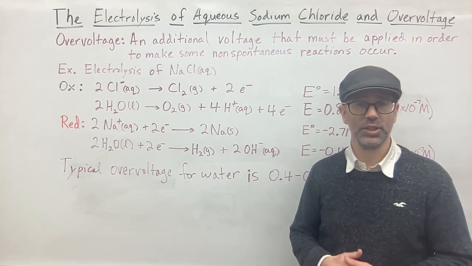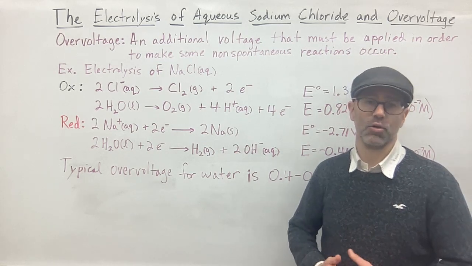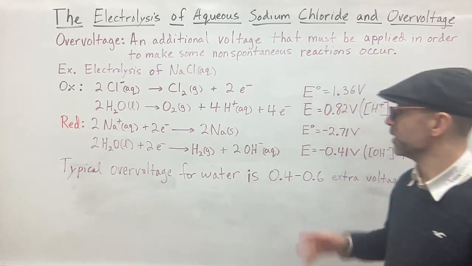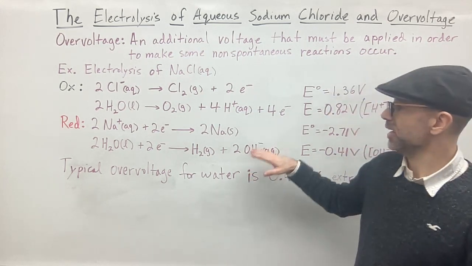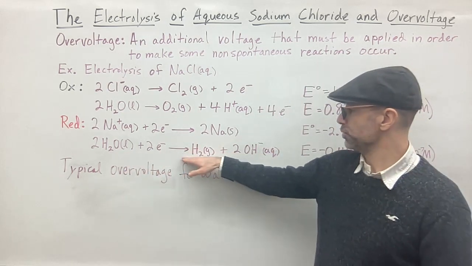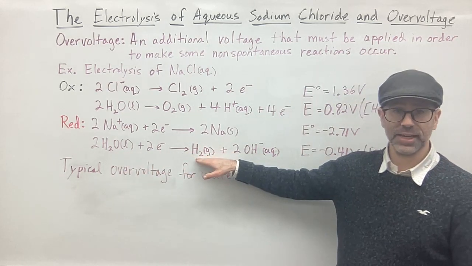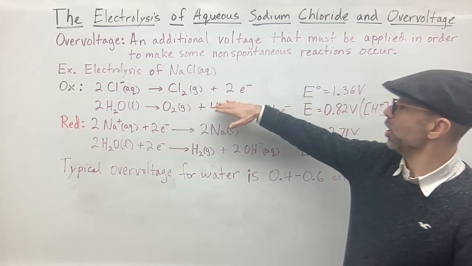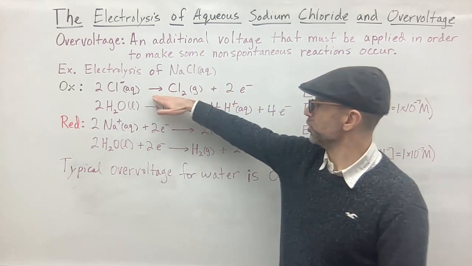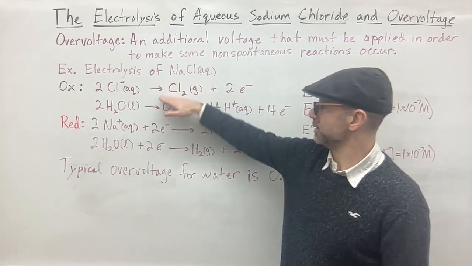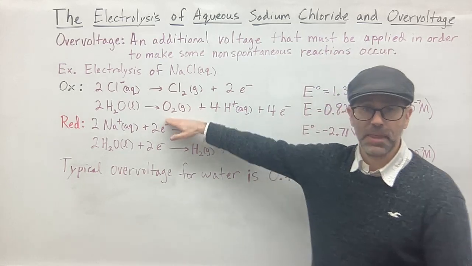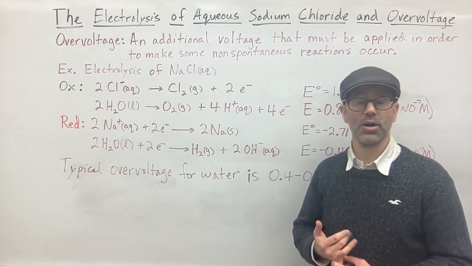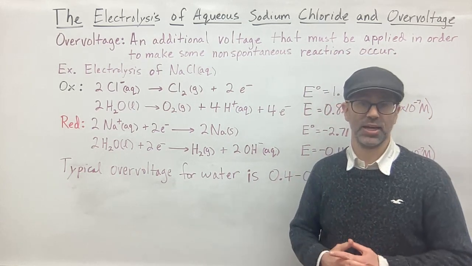There's an additional voltage that is needed in order to actually oxidize water. So what we actually find is that at the cathode, you do produce hydrogen gas, like you would expect. But when you run this experiment, you would produce chlorine gas instead of oxygen gas. The reason for that is the overvoltage for the oxidation of water. You actually need more voltage than you would expect.